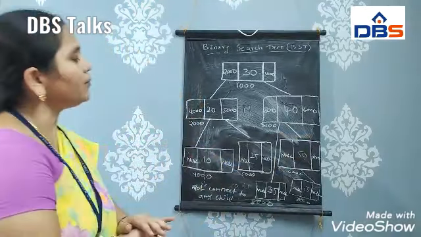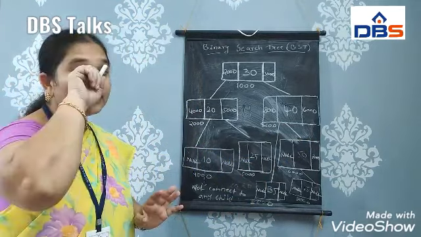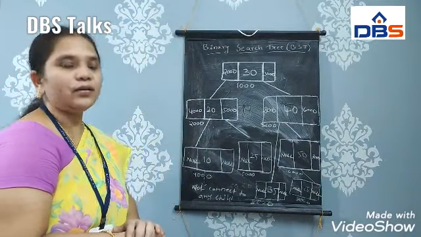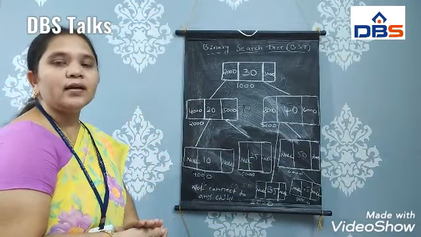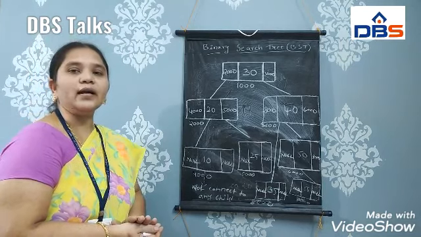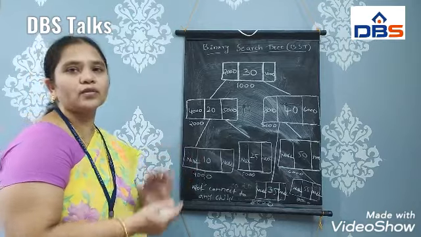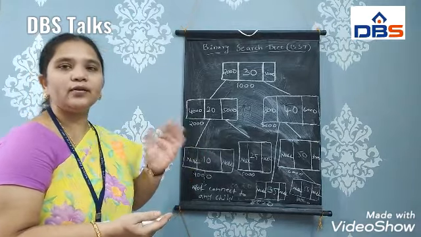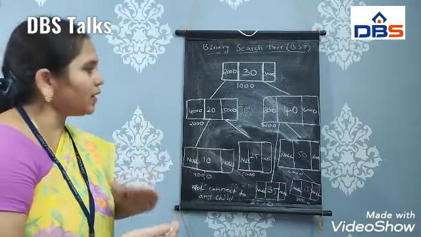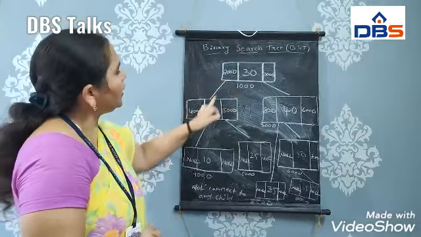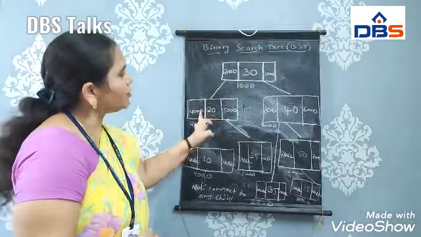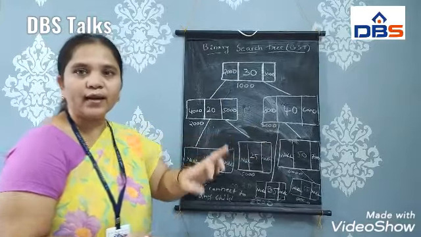So according to the binary search tree, another logical definition is that a binary search tree contains nodes connected to at most two other nodes. At most two other nodes means this node contains two chains, left chain and right chain, which is one case.